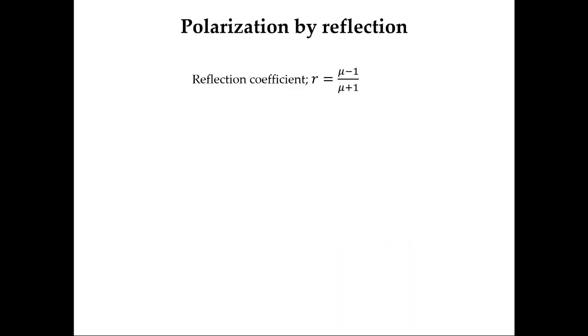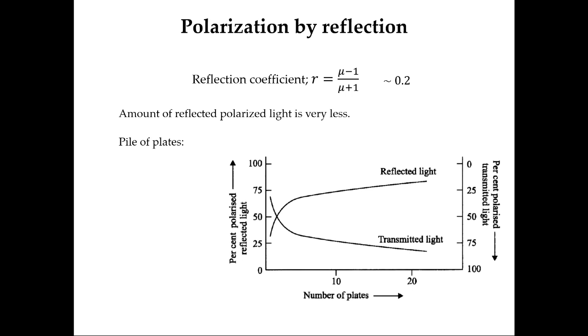Because the reflection coefficient of any surface is very small, the amount of reflected polarized light is very small. So a pile of parallel glass plates can be used to increase the intensity of reflected light. As a function of the number of parallel plates, the intensity of reflected light is plotted here.